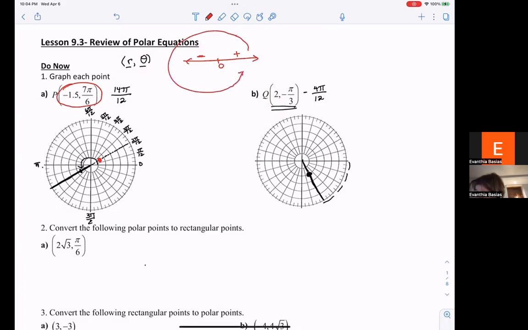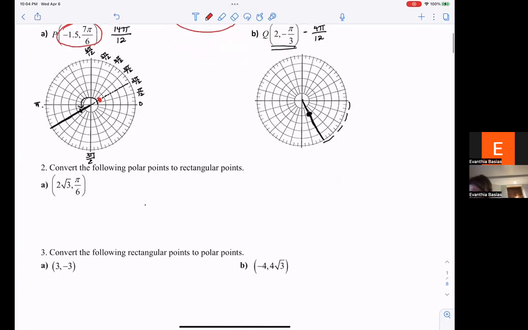So we could think of all of these rays coming out of the pole as the number line that's being rotated around. And so if we rotate it so that the positive side of the number line stops at angle theta, if r is positive, go to the positive side of the number line. If r is negative, we go to the negative side of the number line. So if you just imagine the number line being rotated, we could think of it that way.